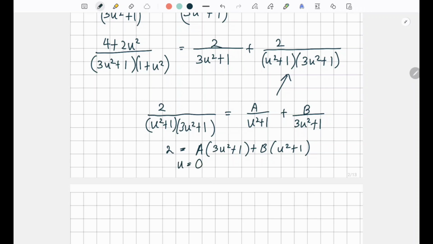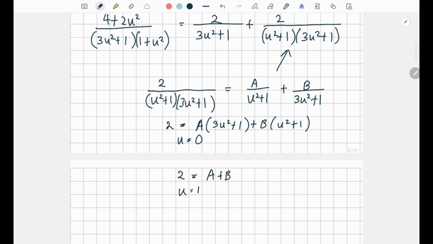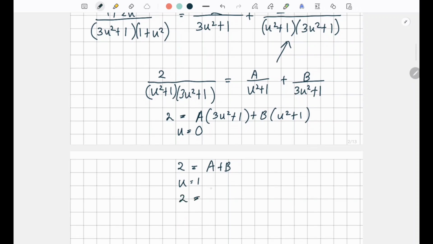When u equals 0, you'll have 2 equals a plus b, and when u equals 1, you'll have 2 equals 4a plus 2b. And if you solve these two simultaneous equations, you get a equals minus 1 and b equals 3, right?